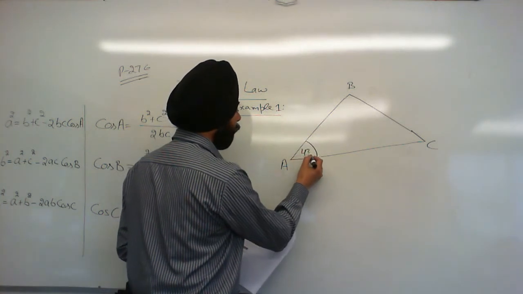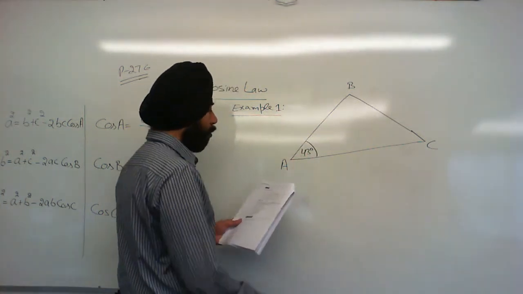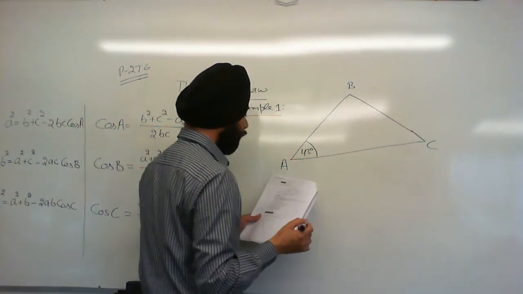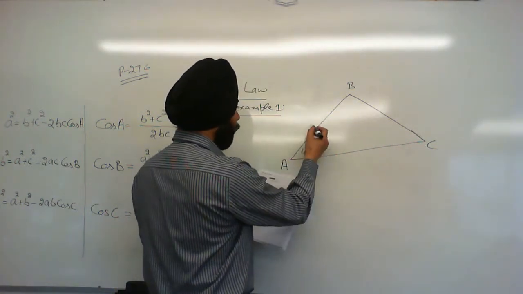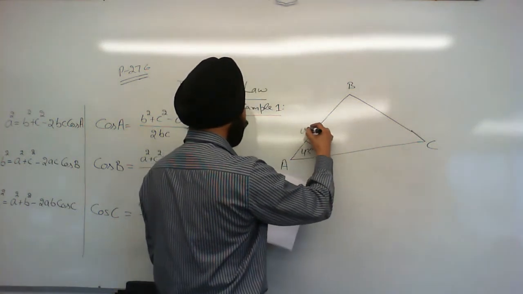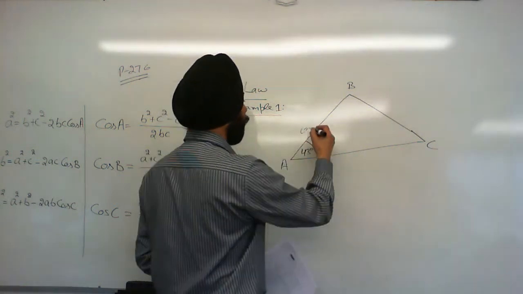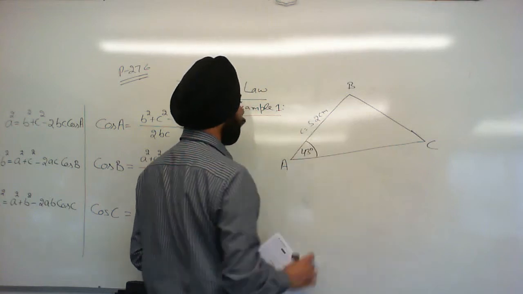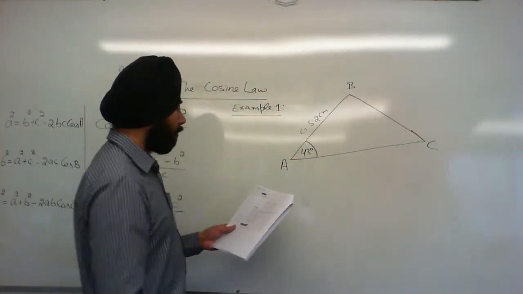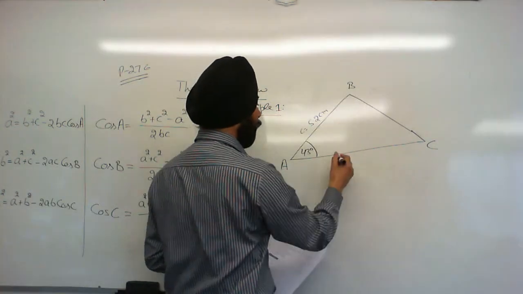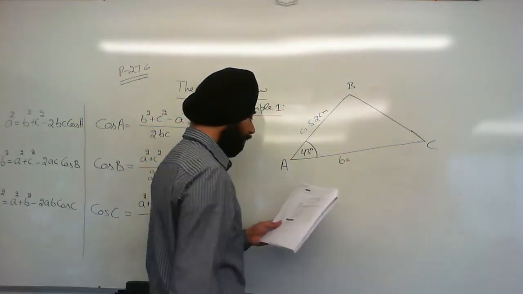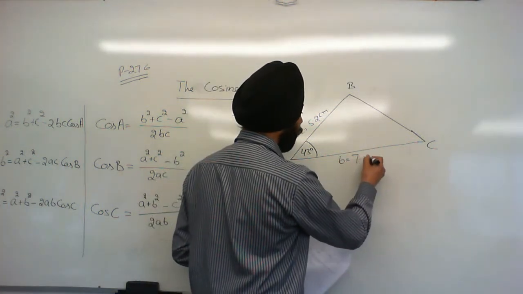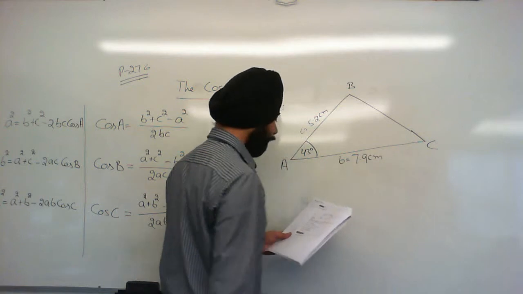This is 43 degrees. You don't know what is angle B and what is angle C. The side length C, this one is given. This is 5.2 centimeter. And the side length in front of angle B, which is small b, it's also given 7.9 centimeter.